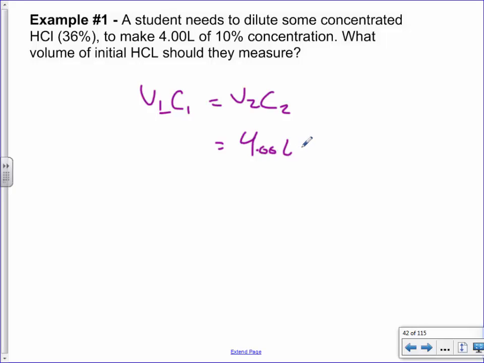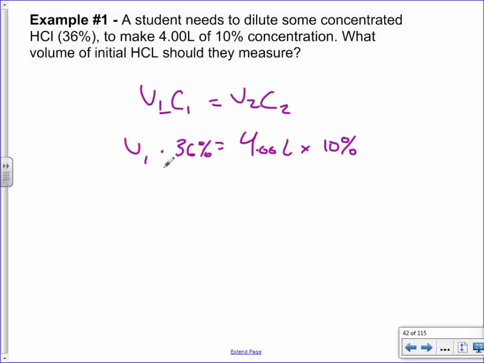I also know how concentrated I want the after stuff to be. I want it to be 10% concentrated. However, I don't know how much of the really concentrated solution I should use. I don't know my initial volume. I'm actually looking for that. But I do know how concentrated the initial stuff was. It's 36%. Does that make sense?